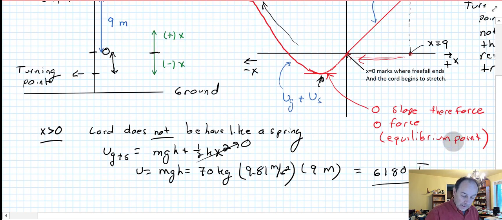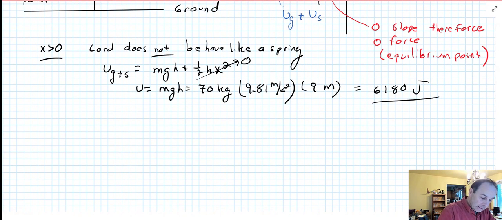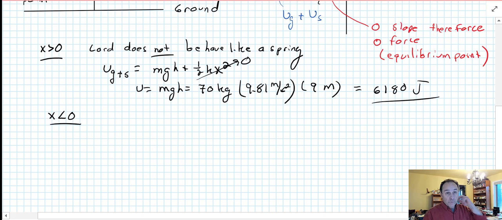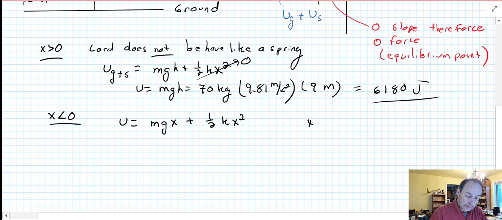All right, so next, let's deal with x less than 0. It's a more complicated situation, because now we do have both terms. So the potential energy is mg x plus 1/2 k x squared, where x is the distance from x equals 0 to the turning point.